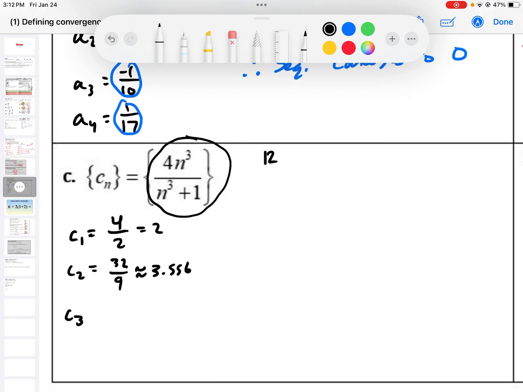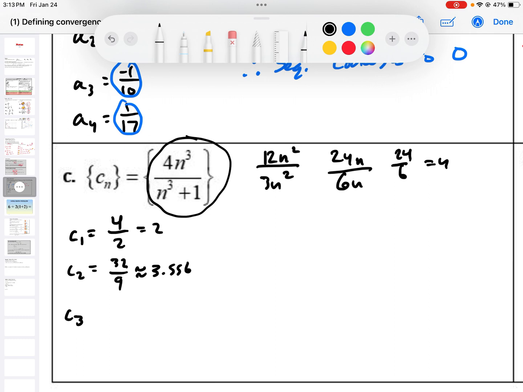So L'Hopital's rule says the derivative of the top would be 12n squared over 3n squared. If I plug in infinity there, it's still going to be infinity over infinity, so I do 24n over 6n. L'Hopital's rule again, 24 over 6, which is 4.